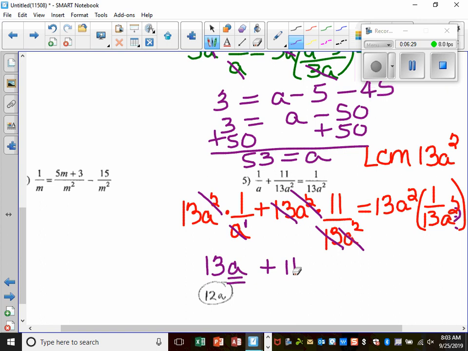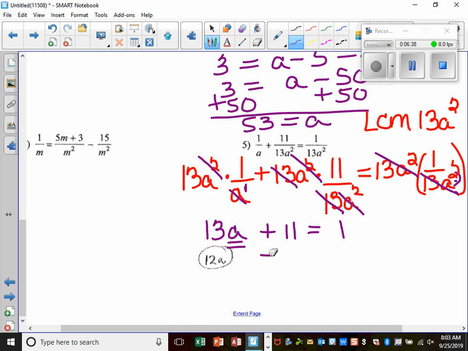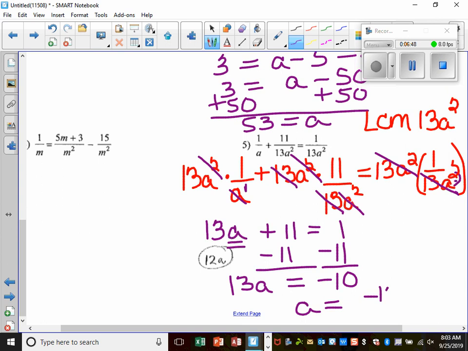And here, same thing, I can cancel out the 13A squared, so that's going to leave me with 1. All right, so we'll subtract 11. That's going to give me a negative what? Negative 10. And when we divide, we get negative 10/13. Any questions?